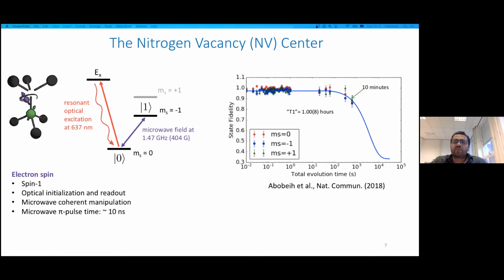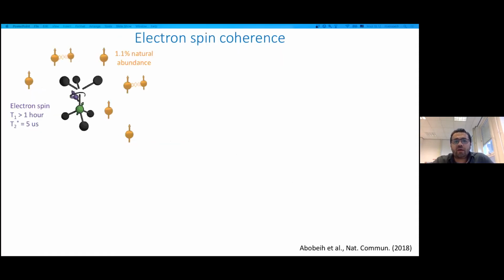We found out that by suppressing background microwave and laser noise, the electron spin relaxation time is more than 1 hour. So basically, for our purposes, it is infinite relaxation time. We don't worry about the electron relaxation anymore. All right, so that was just a very short introduction to the NV.